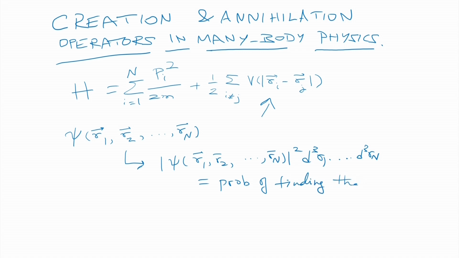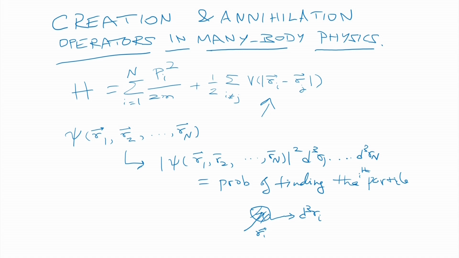the ith particle in this region. So, basically this is your Ri, and this volume is basically d cubed Ri.